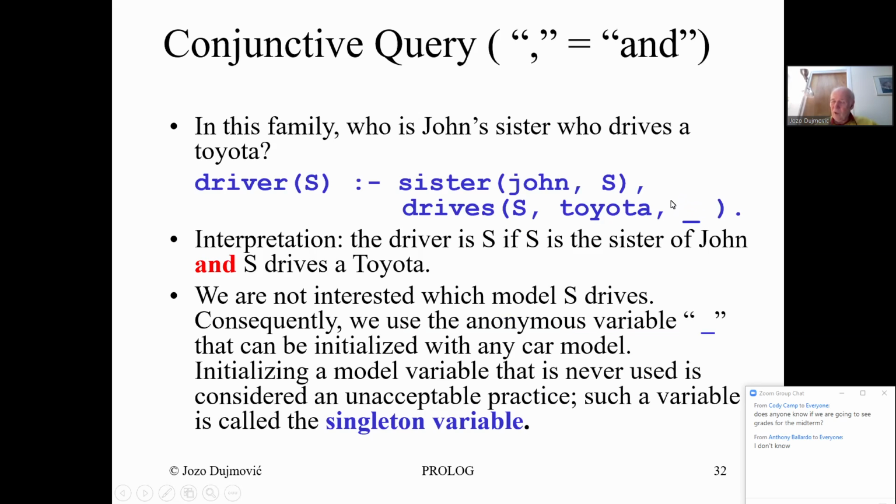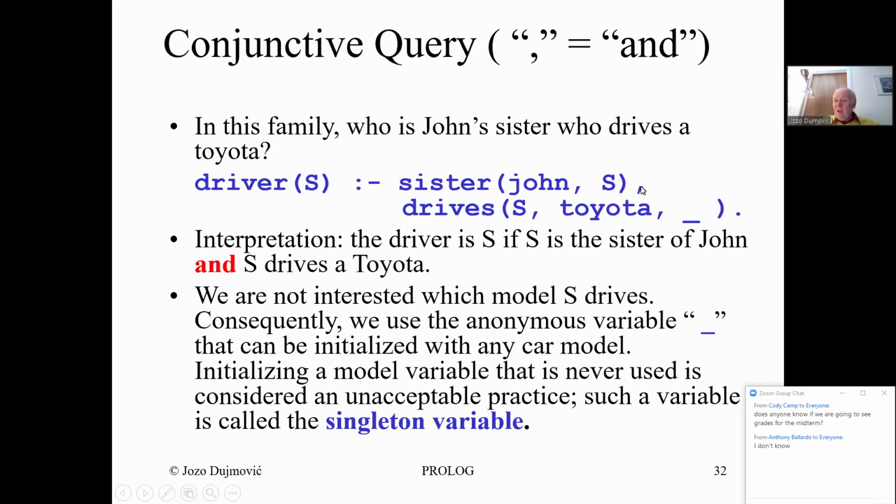So this is going to be an object that is not going to be used. Therefore, this rule is satisfied like this. You say, give me this S, so that S is sister of John. And then it is going to put here Mary.